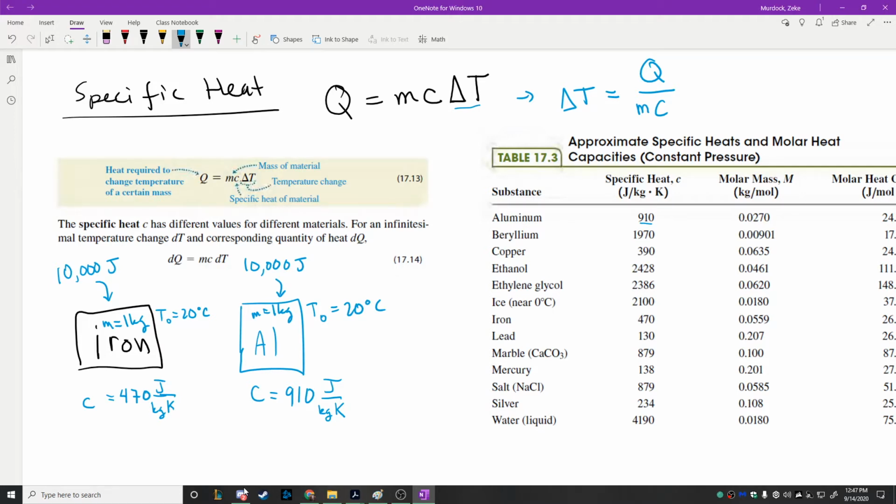So what would the final relationship between delta T for both of these be? We can even calculate it based on these numbers, right? So if we found out what it was for the iron, we would take 10,000 joules, divide by 1 kilogram, and then divide by the specific heat, which is 470.